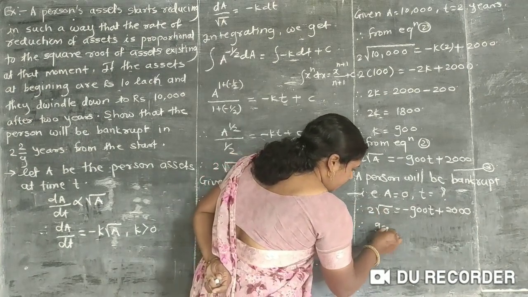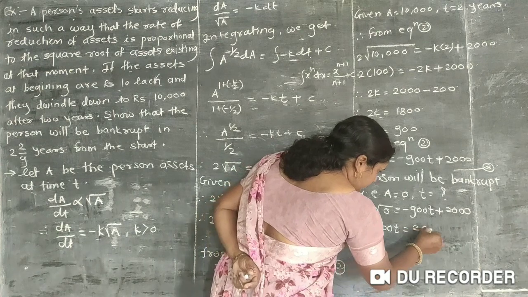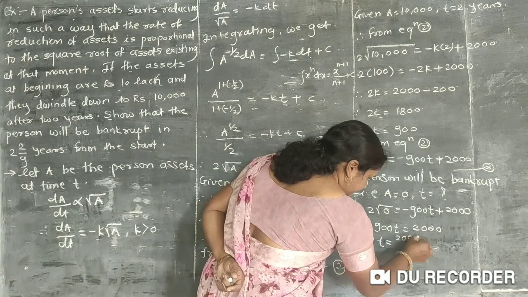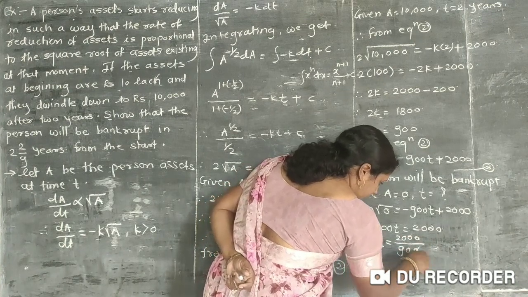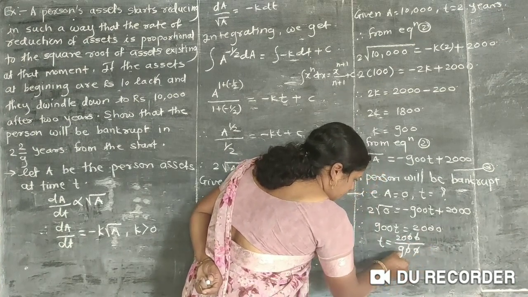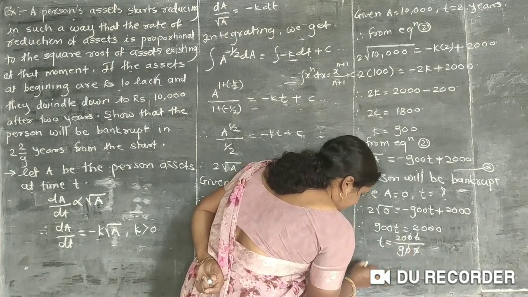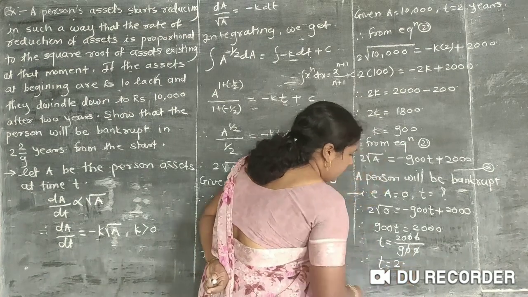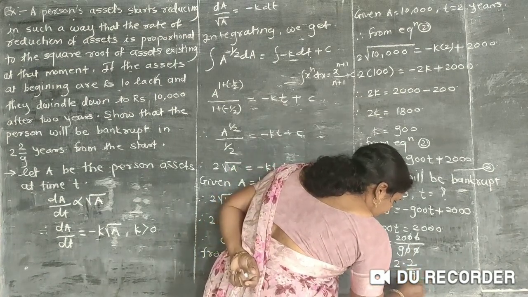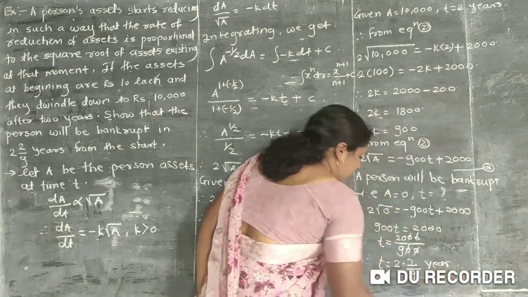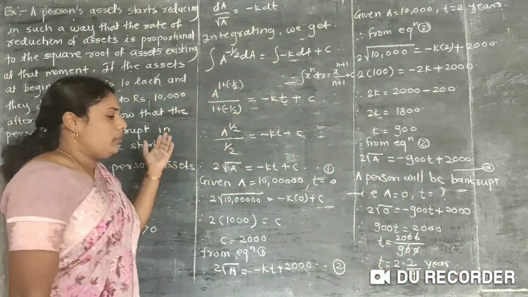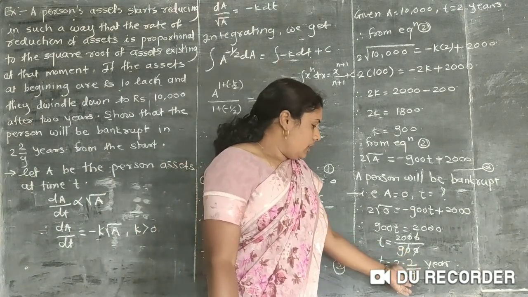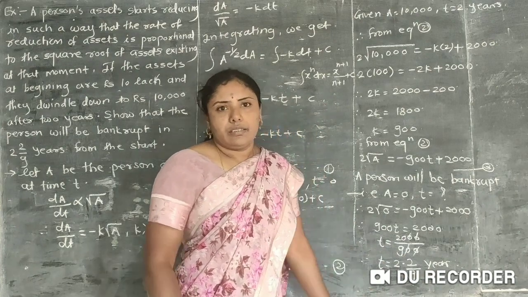Therefore, we get 900t is equal to 2,000. Therefore, t is equal to 2,000 upon 900. Simplify this, dividing by 100, we get t is equal to 20 upon 9, which is 2 2/9 years. That is, the person will be bankrupt in 2 2/9 years. Thank you.